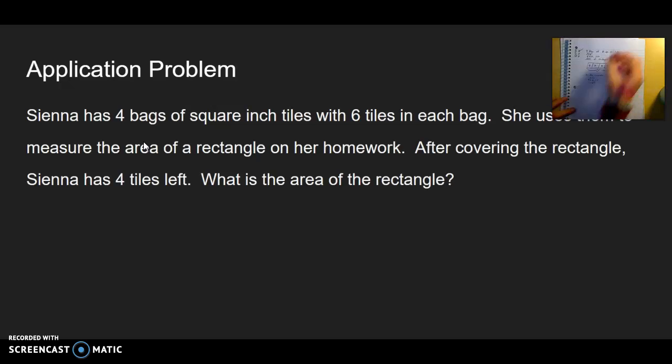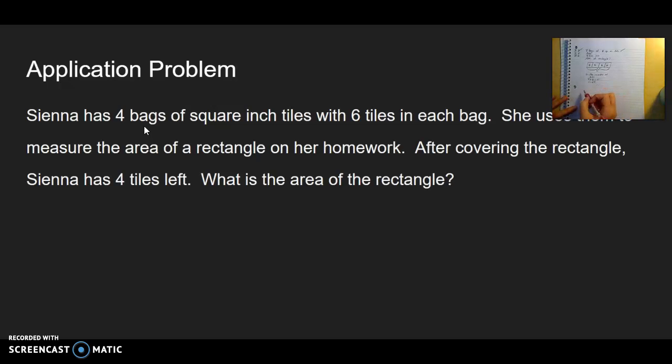Am I done? No. Now, it tells me that Sienna uses these tiles to cover a rectangle on her homework, but she has 4 tiles left over.